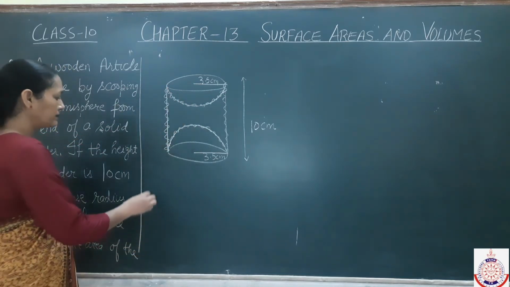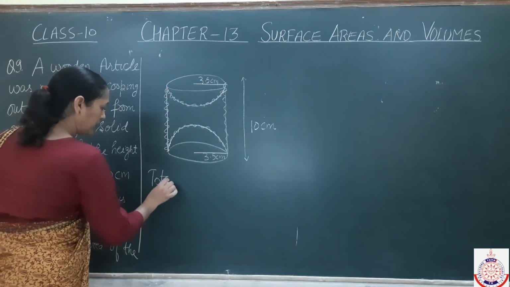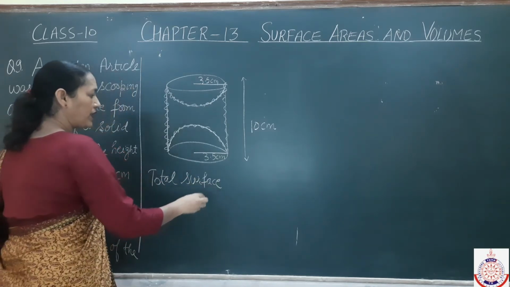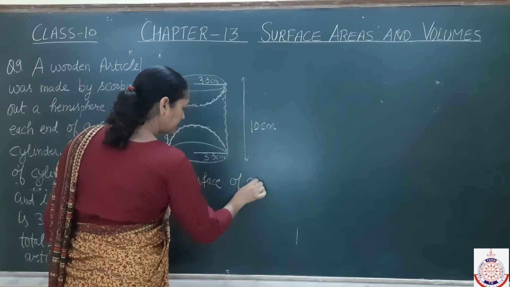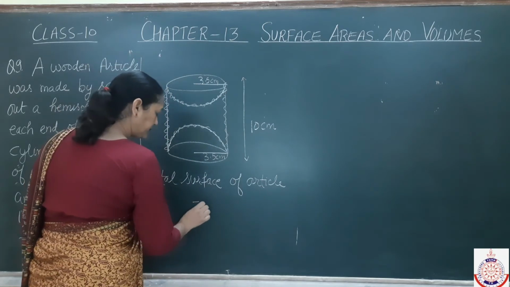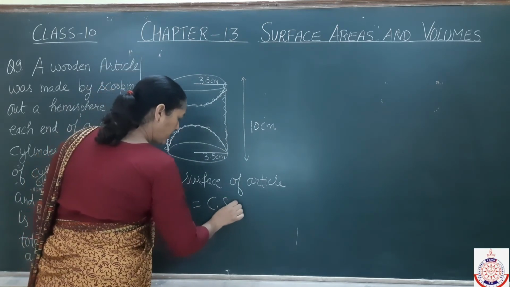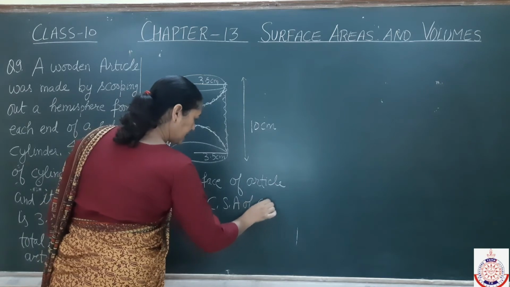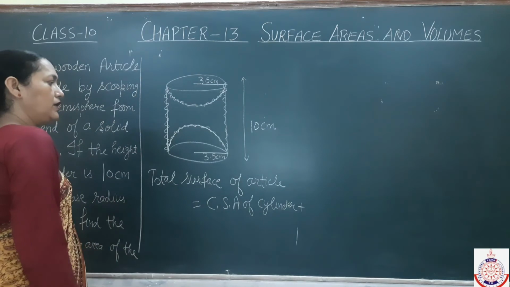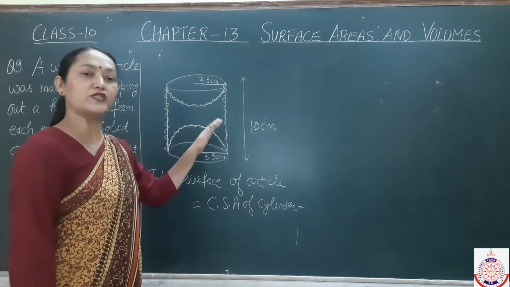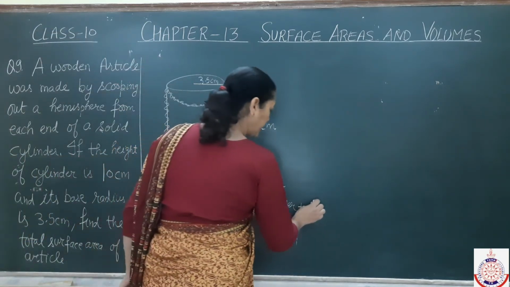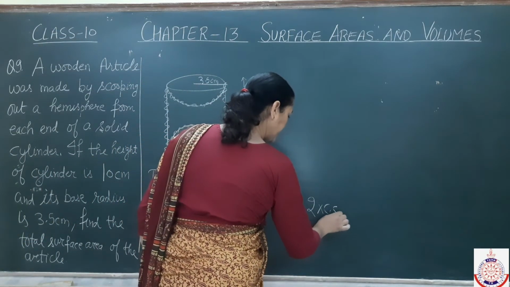Means the total surface area of the article equals CSA of cylinder plus double the CSA of hemisphere. Whatever we get for one hemisphere, we can double it: 2 into CSA of hemisphere.